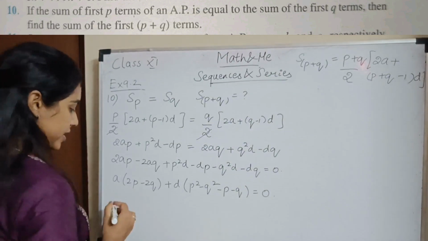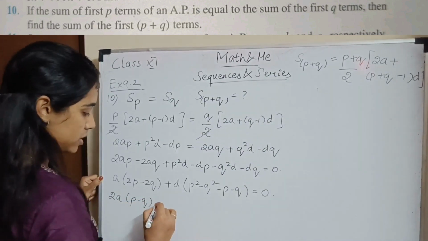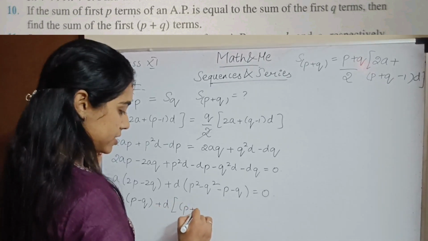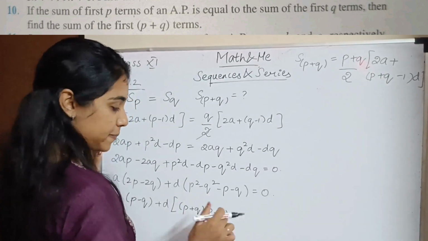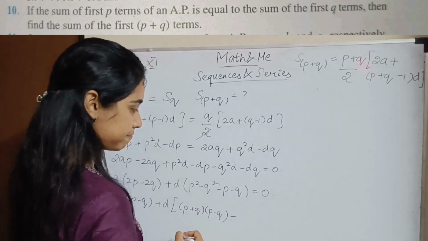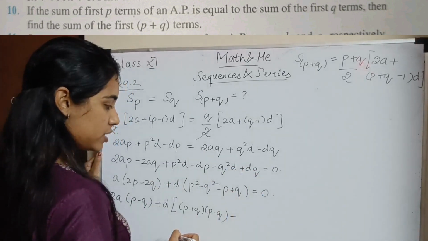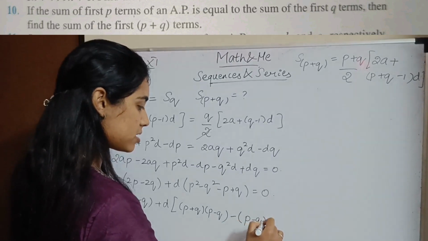When I try to take the 2 outside, what do I have? 2A times (P minus Q) plus D times, what do you have here? (P plus Q) times (P minus Q). This is this minus DP plus DQ. So you have plus Q. So I have (P minus Q).